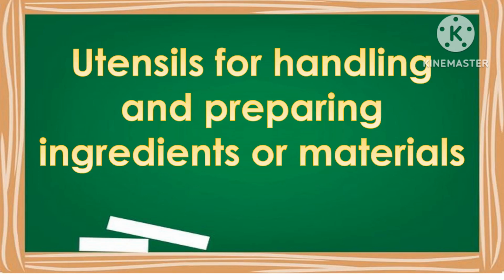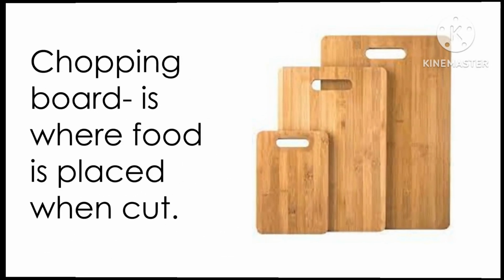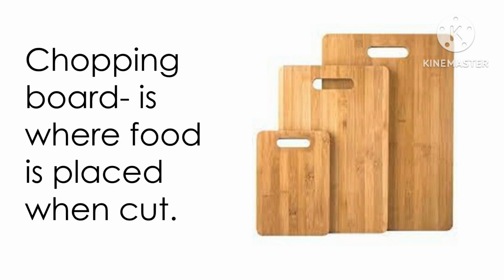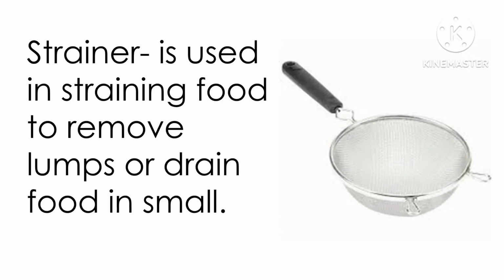Next, utensils for handling and preparing ingredients or materials. Knife is a cutting tool used in peeling and cutting food. Chopping board is where food is placed when cut. Strainer is used in straining food to remove lumps or drain food in small.